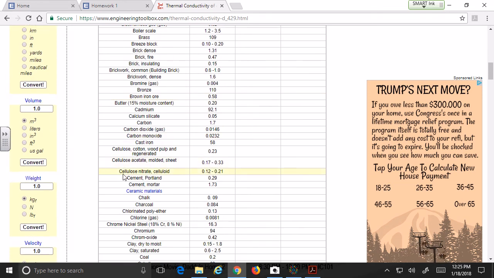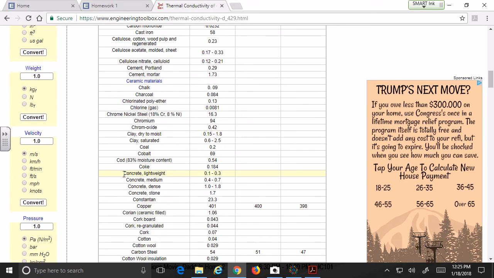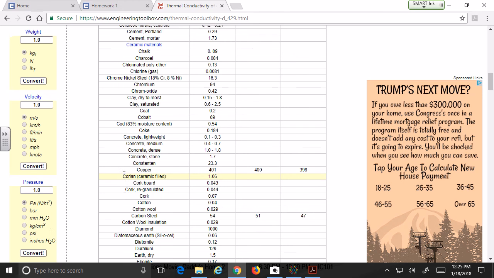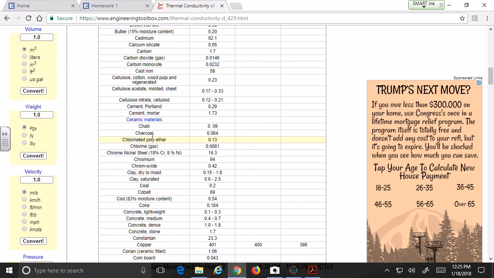Copper is a better electrical conductor. This is all thermal, right? But they should be related. So what is the k for copper? You can write down k copper, which is 401.